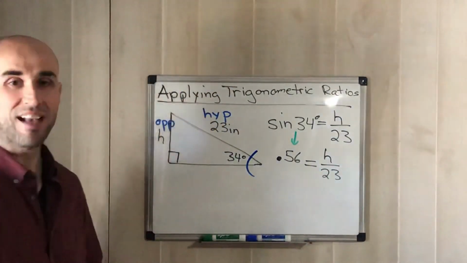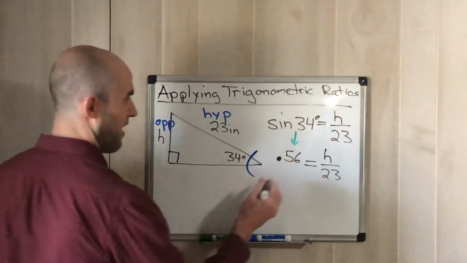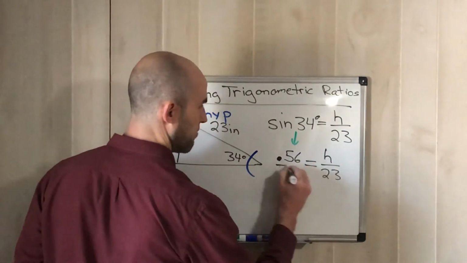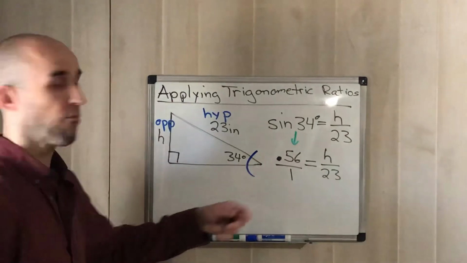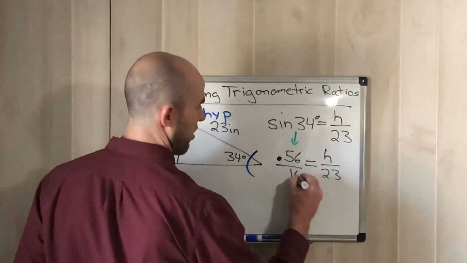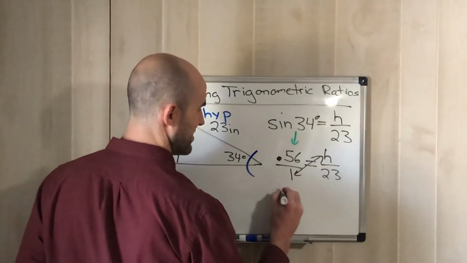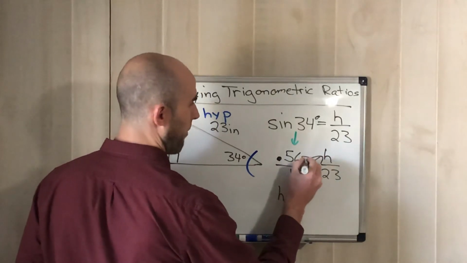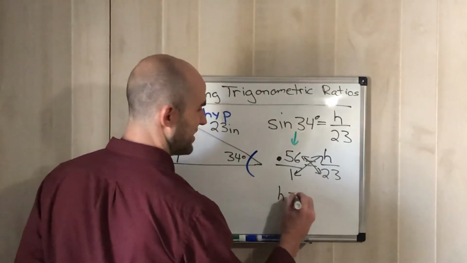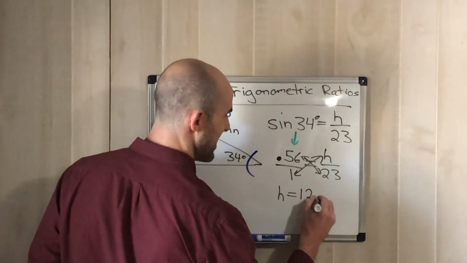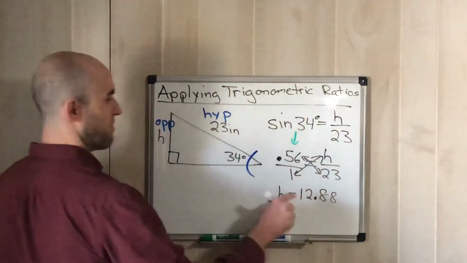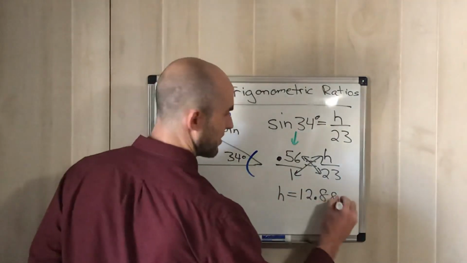And now in order to solve this, again, turn this into a proportion. To turn 0.56 into a fraction, put it over 1. And now the way we solve a proportion, cross multiply. We know that 1 times h is h. We know that 0.56 times 23 is going to end up giving us 12.88. So our answer is going to be 12.88 inches.